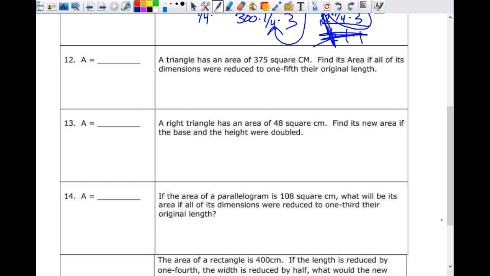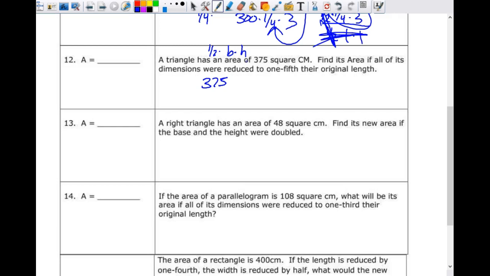All right, 13. A right triangle. Oh, actually, I want to do 12. A triangle has an area of 375 centimeters squared. Find its area if all of its dimensions were reduced by 1/5. We need to figure out how many dimensions there are in a triangle. We know the formula is 1/2 times base times height. We just discussed 1/2 is a constant, right? Is a constant a dimension? No, it's not. You can't change the constant.